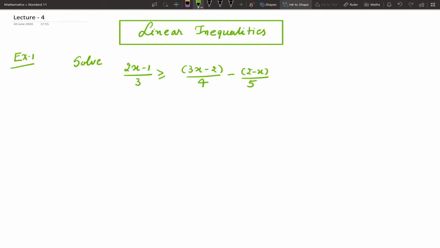Solve this inequality, and the instruction is given that we solve for real x. That means we have to solve it for x belongs to R. Solution.